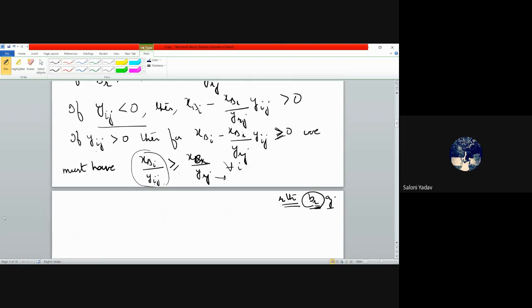Now, if I choose the column that should go, see, your original basis was B1, B2, BM. From this we said, let BR go from here and instead of BR let AJ come. So what are we choosing first?